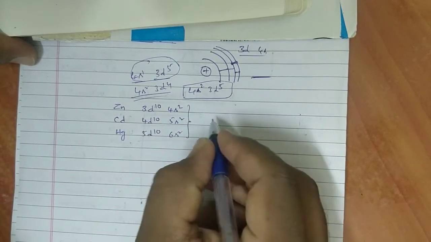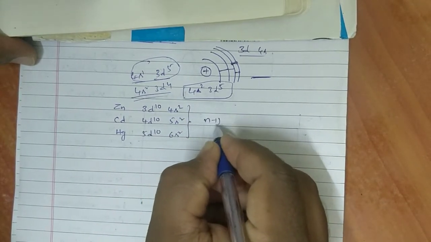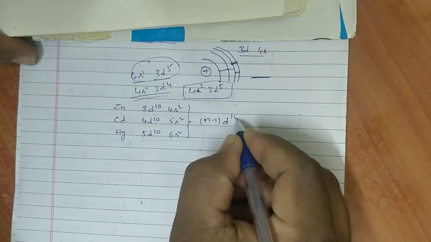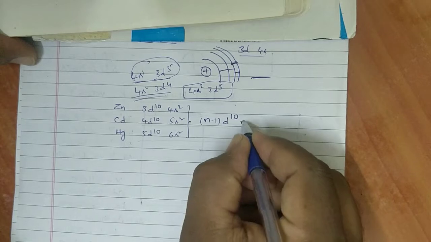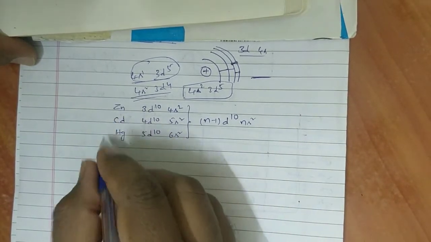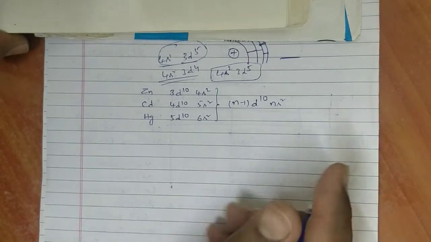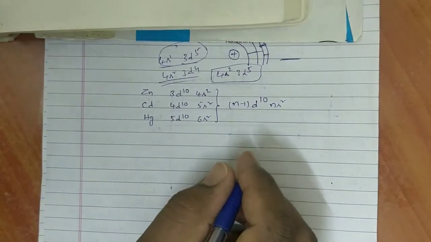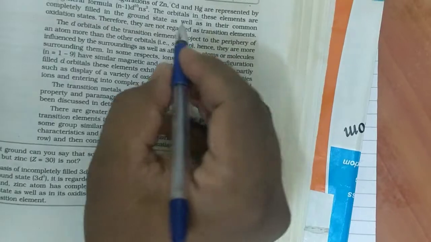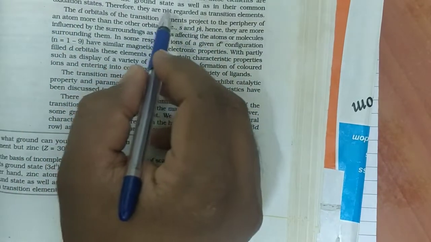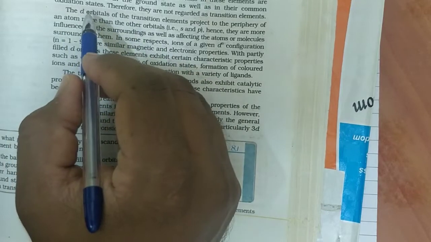So on the whole, we represent this general electronic configuration as (n-1)d10 ns2, only for this group, zinc, cadmium, mercury, with completely filled d configuration. The orbitals in these elements are completely filled in the ground state as well as in their common oxidation states.